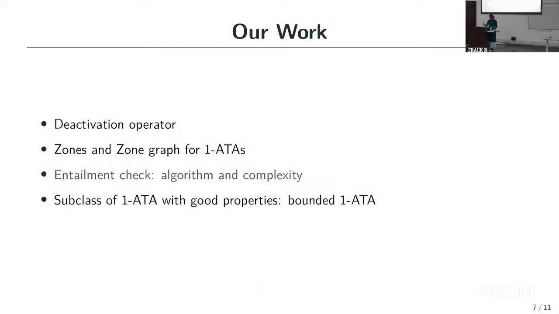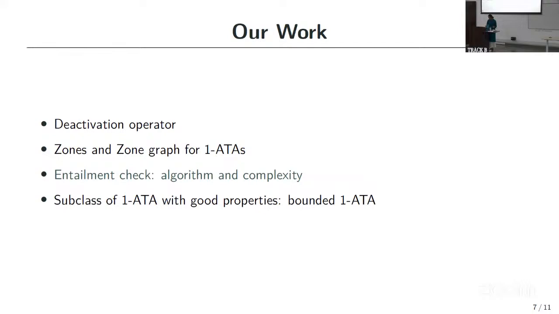So I'll be discussing highlights of the work we have done. Firstly, we introduced something called a deactivation operator. I'll try and explain why this is useful. And then I'll touch upon how the zones and the zone graph look for 180.